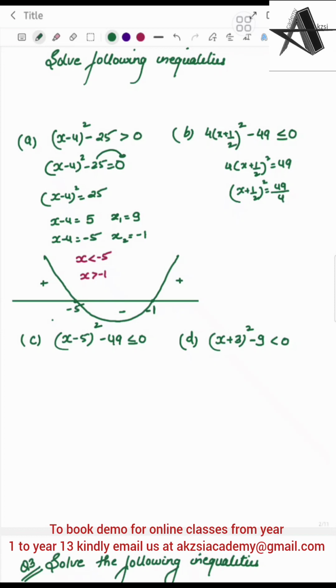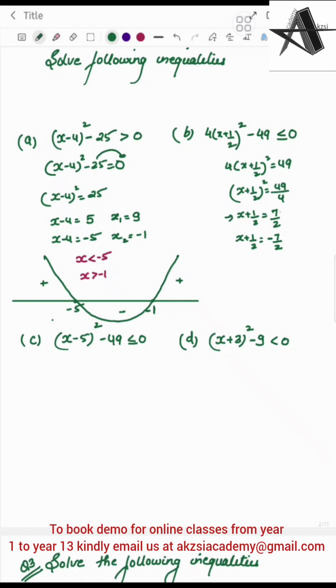Now take the root on both sides. You'll get x plus half is equal to first positive 7 over 2, second, x plus half equals negative 7 over 2, because root of 49 over 4 is 7 over 2. Whenever you take the root of anything, you will get two answers, positive and negative.